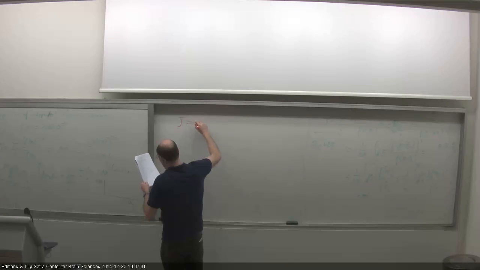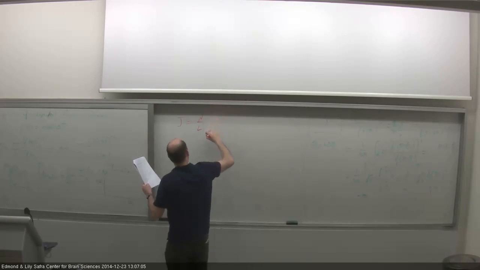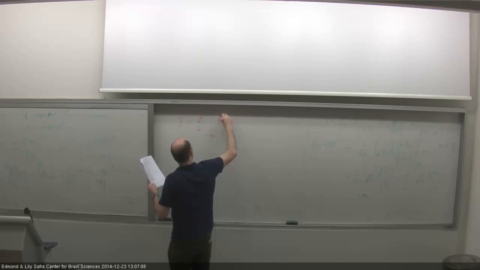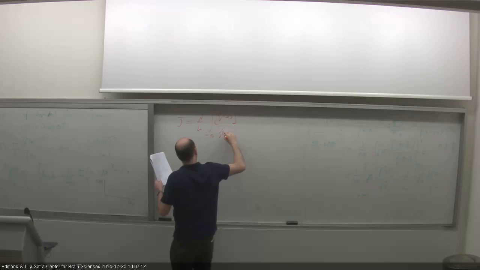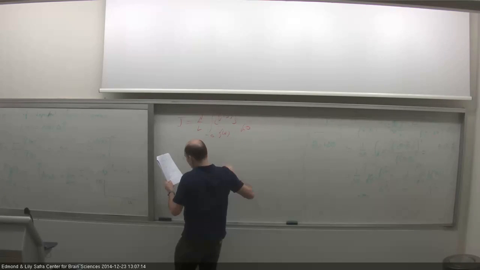Okay, so what we got is that J is equal to n over L, integral from minus infinity to infinity, of f prime of theta squared divided by f of theta, d theta.